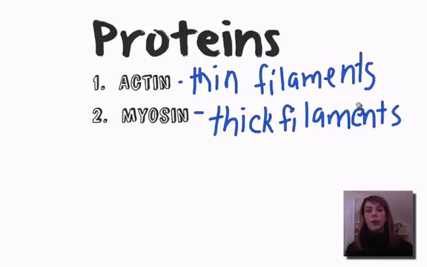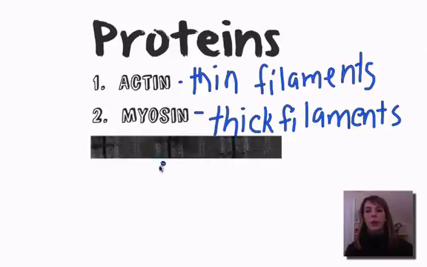So there's a very orderly arrangement of these thin and thick filaments that we see here in this electron micrograph. You see that there's a repeating unit in the myofibril.